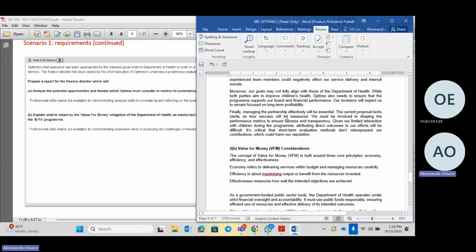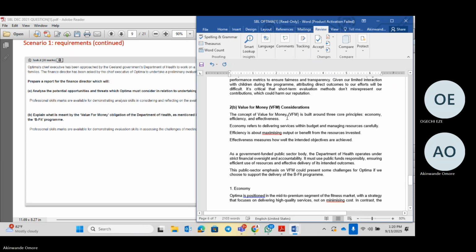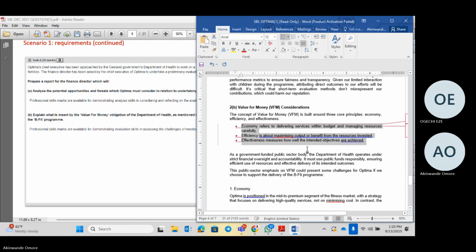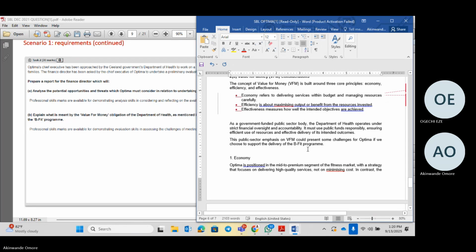Then let's look at the next one, value for money. Remember when you did the public sector, that's what we considered.